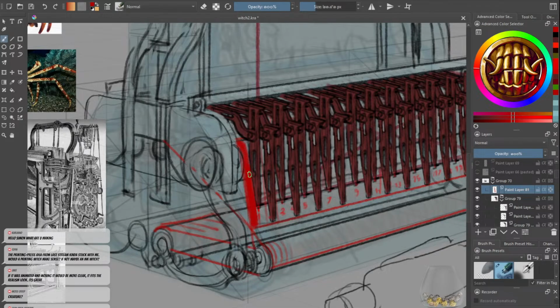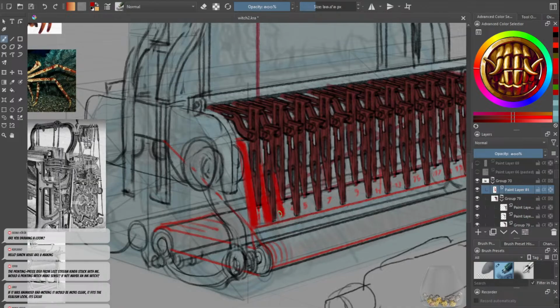Here's the first batch. Second. This under.